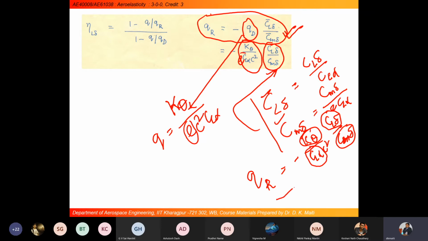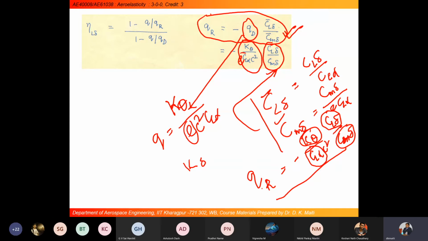See, interestingly, the Q reversal speed, in the first case, is not dependent on the stiffness of the control surface. We have taken control surface deflection as K delta, but in the reversal speed, K delta is not coming into the picture. Is it clear what I am saying?